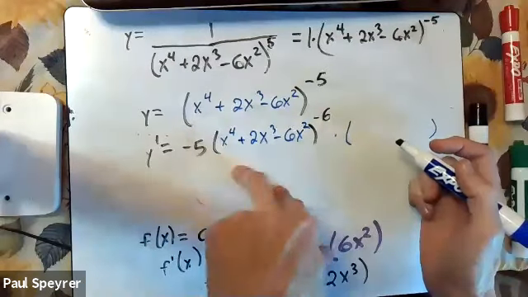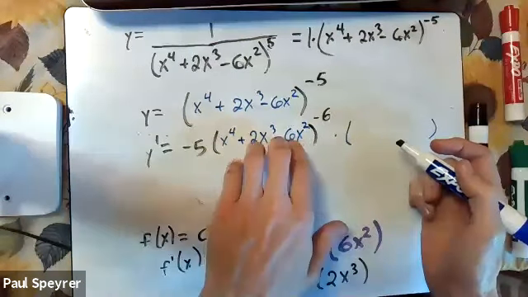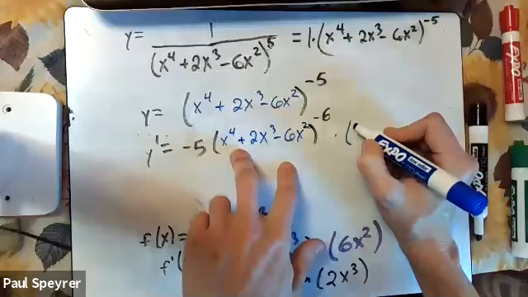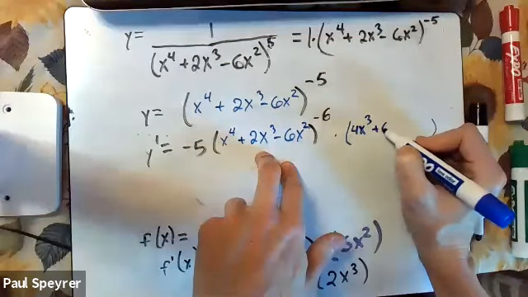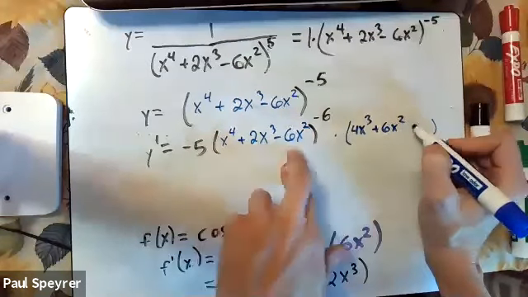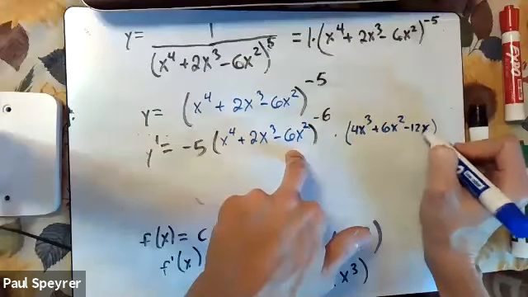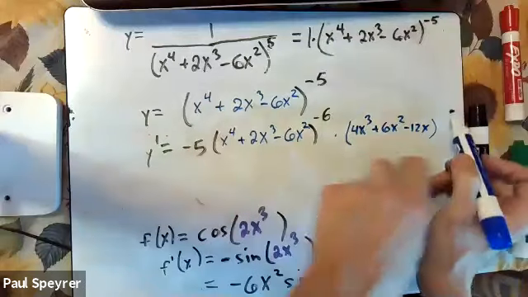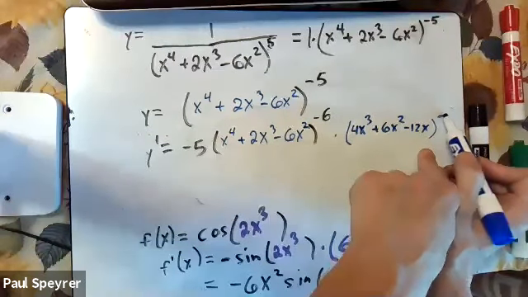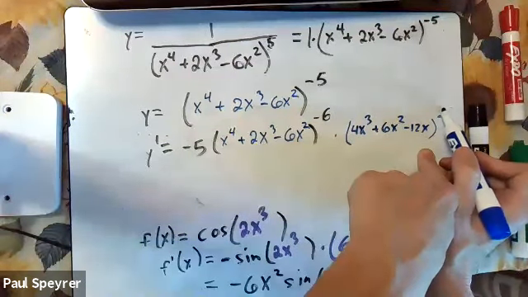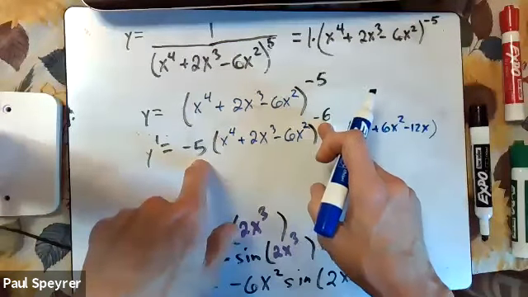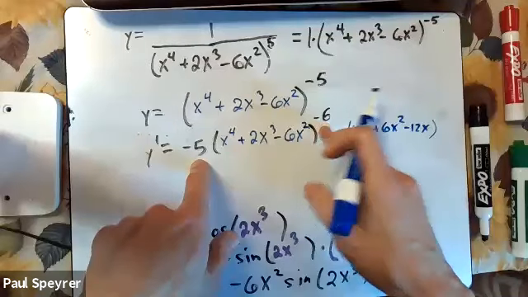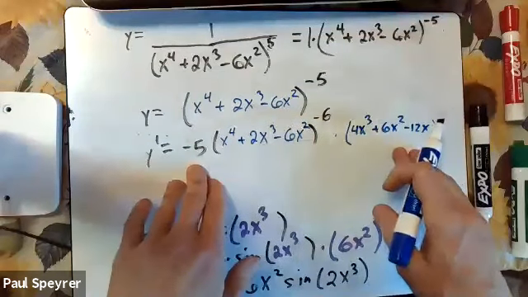So now if we take the derivative of this algebraic stuff or the blue stuff, we get 4x cubed plus 6x squared minus 12x. And again, I don't put any powers or anything right here. You don't put negative 6 or negative 5 or anything like that. No, that only applied to the outside component. All right. So this would be your final answer.